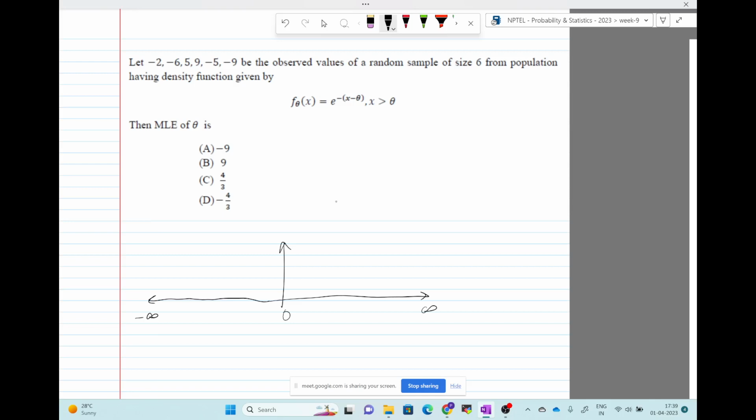In the second interval case, it will be minus infinity to minus 6, minus infinity to minus 5, and so on. So minus infinity to minus 9 is the only possible interval such that all other values will be greater than it. So the parameter space is minus infinity to minus 9, and minus 9 is the maximum value there. The MLE has to be minus 9; that is what I thought should be the answer.